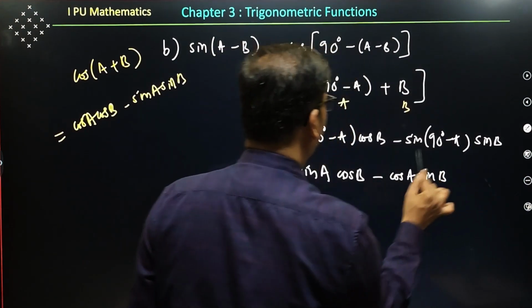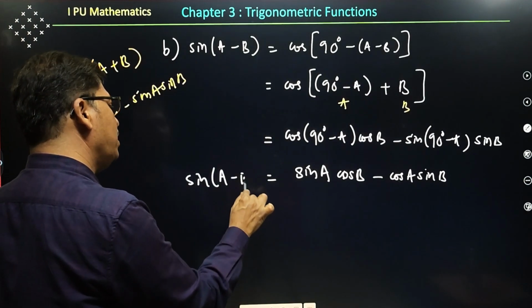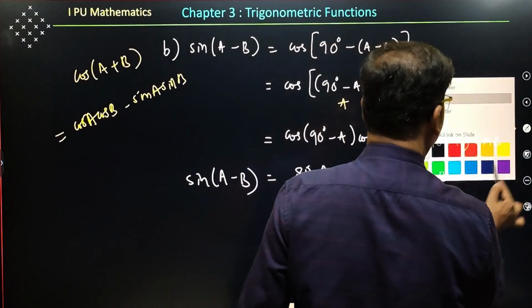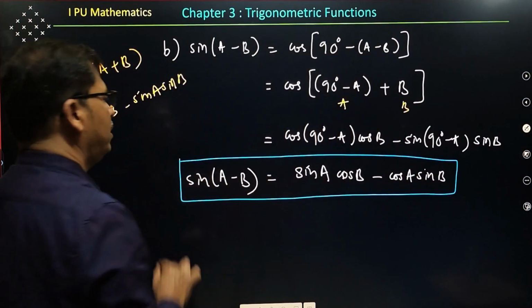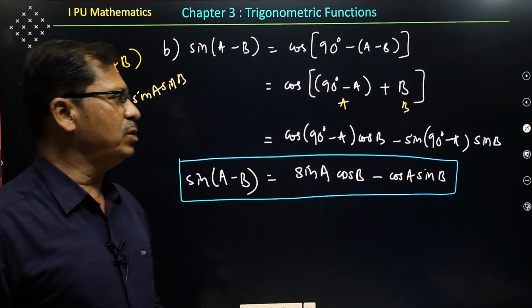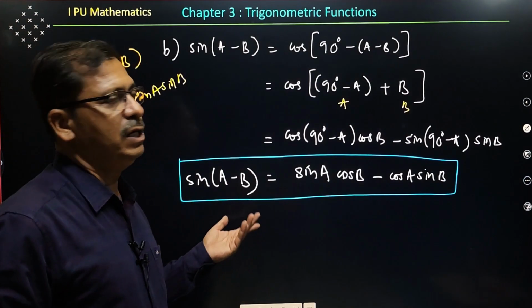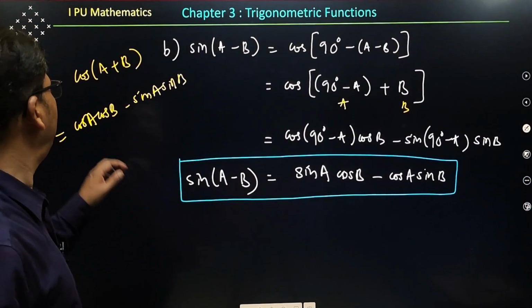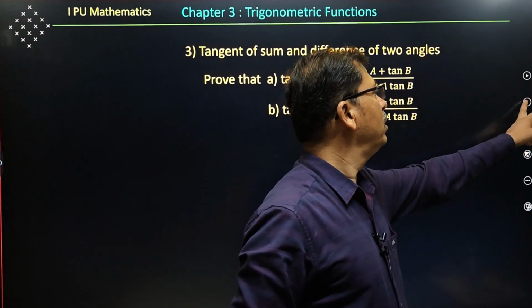This is sin of a minus b, equal to sin a cos b minus cos a sin b. So this is the proof for sin of a minus b and sin of a plus b. So how many have I proved?